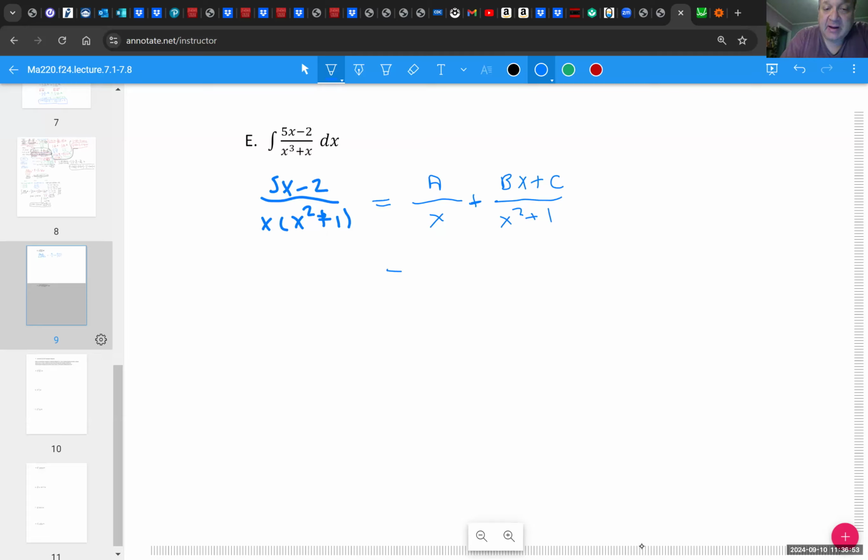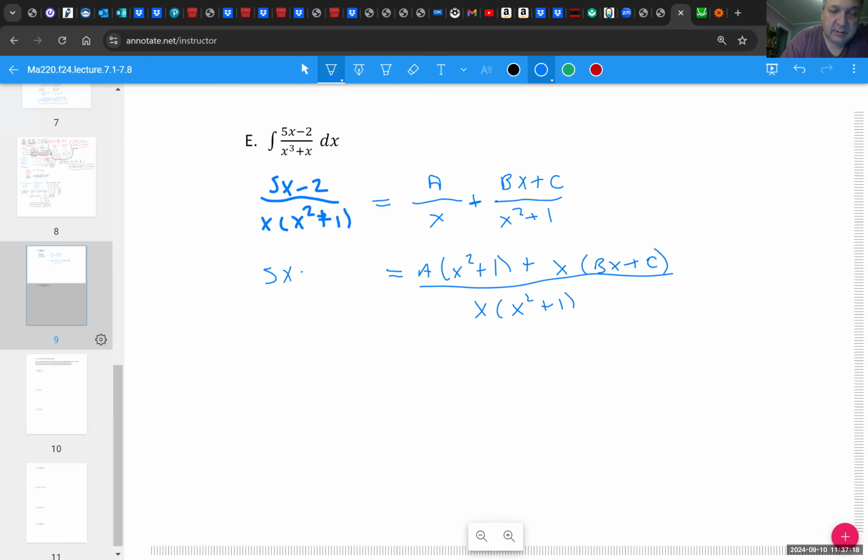We have to add the fractions together. So A, x squared plus 1, plus B, x, sorry, x, B x plus c, and then, of course, over our common denominator.